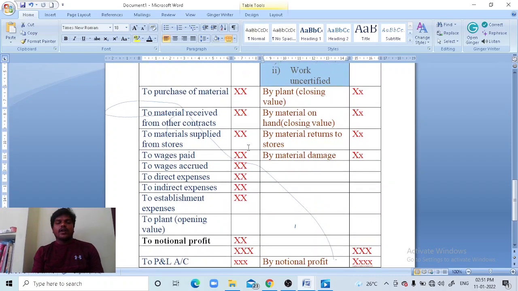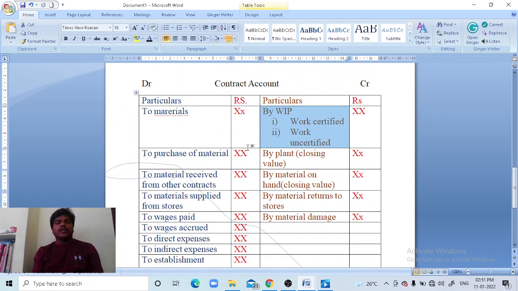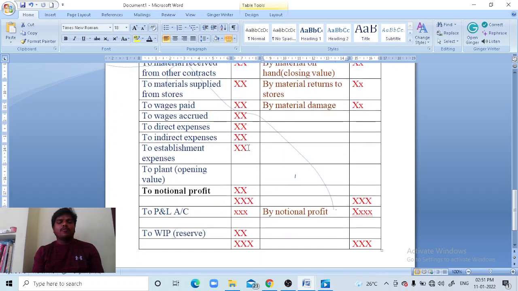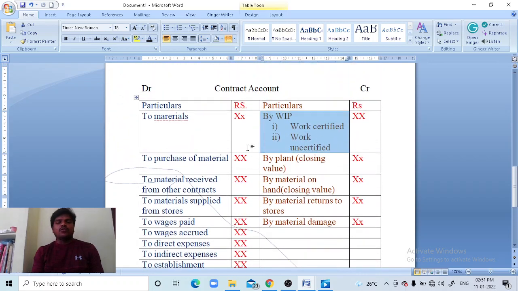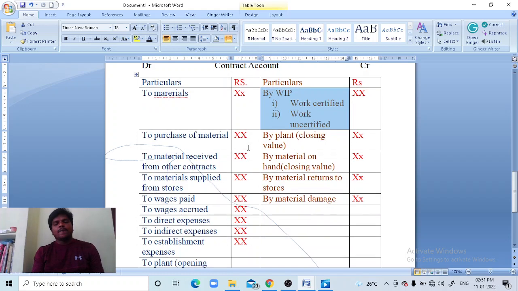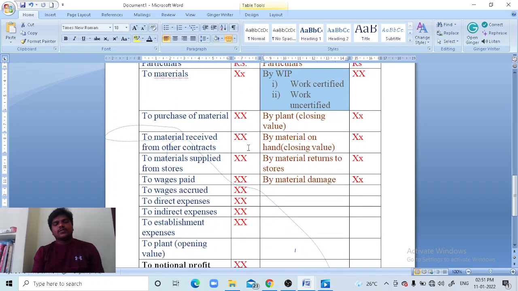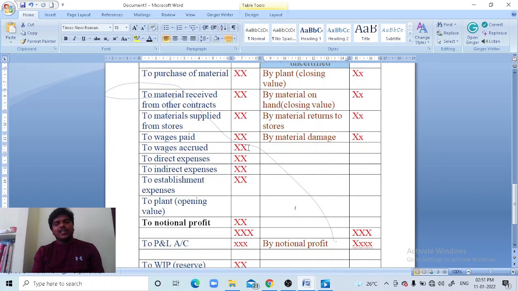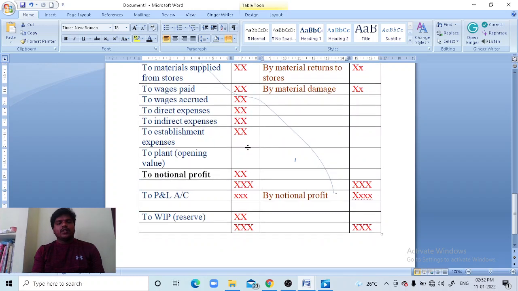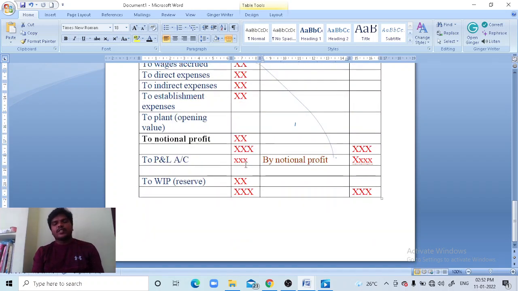To do problems in contract account, you have to understand and learn by heart the pro forma of the contract account. So kindly note down this contract account in your notes and understand the pro forma for effectively doing the problems in contract account. So this is my first class.